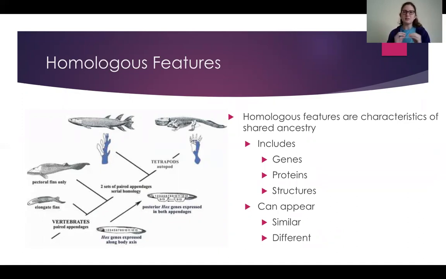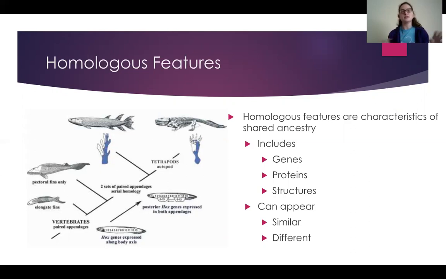One thing that's really important when you're talking about homology is that homologous features can appear both similar to one another and different. My favorite example of homologous features is in the fin to limb transition with humans. As humans, we have these wonderful arms and legs, and our arms are actually homologous to specific fins of a fish, but that's because we have evolved from a fish, and so you can refer to our arms and our legs as being homologous to certain fins on fish.